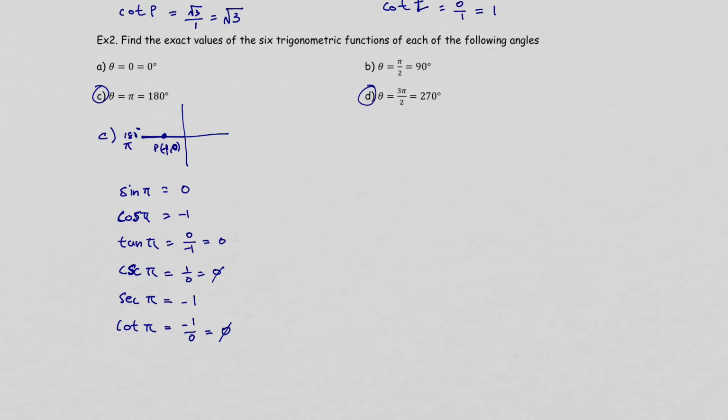Let's look at D. When we're looking at D, that's another angle that we already know. So 270 degrees or 3 pi over 2 is on this line right here.